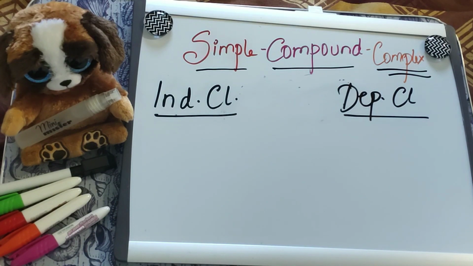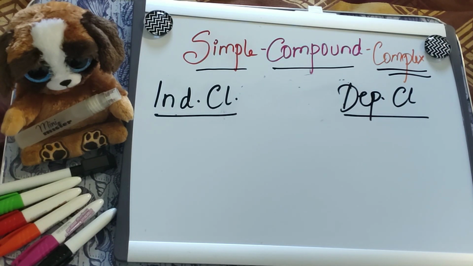Independent, dependent. By the name itself, we should be getting an intuitive idea. Independent, somebody who does not need anybody. Dependent, somebody who needs something else in order to stand, or somebody who needs support of something else.